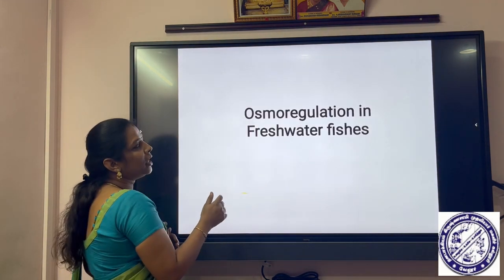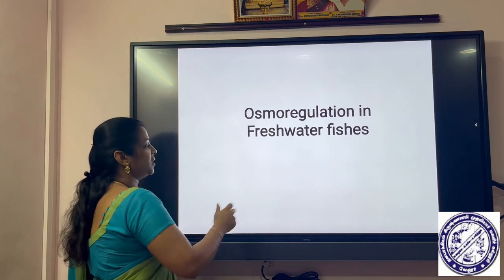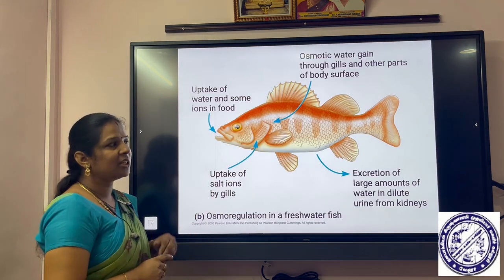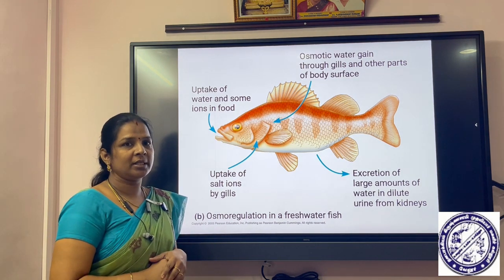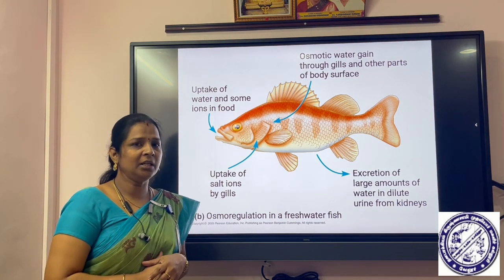Next is osmoregulation in freshwater fishes. We know that the freshwater medium has a less concentrated, low concentration of salt.